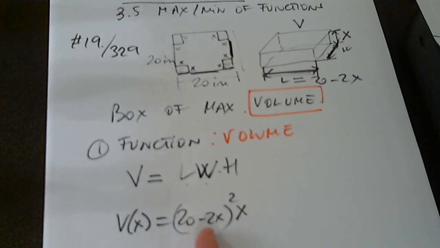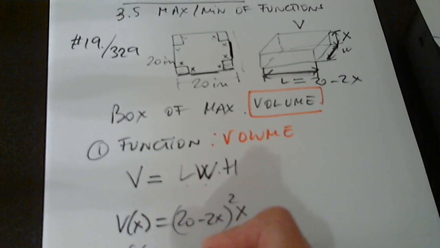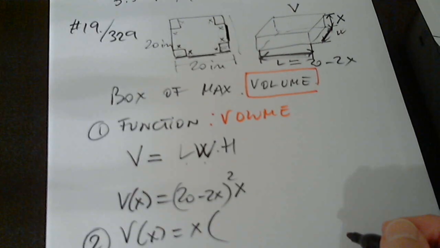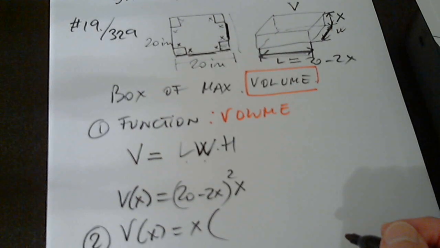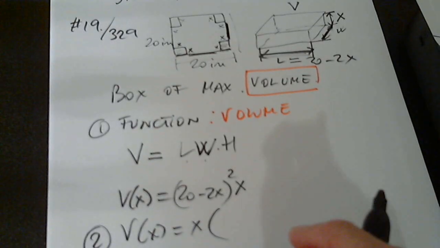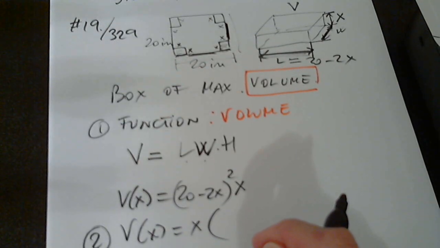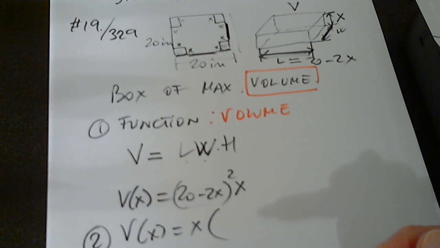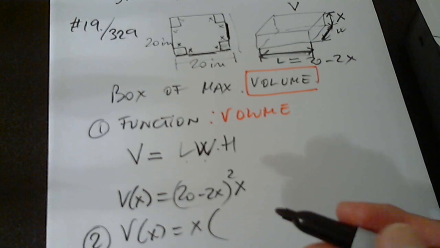Good. But first I have to square. How many terms do we get when we square a binomial? This was many weeks ago. How many terms do we get when we square a binomial? 3. Excellent. 3 terms.